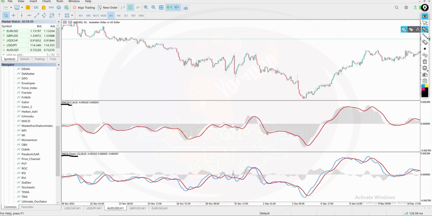Now, if we look at the new MACD and consider just the histogram, and if I try to draw a line along the edges of the histogram, though I'll try to do it as accurately as possible, but if it's not very precise, please forgive me. You'll see that the trend of the histogram exactly mirrors that of the blue MACD line.